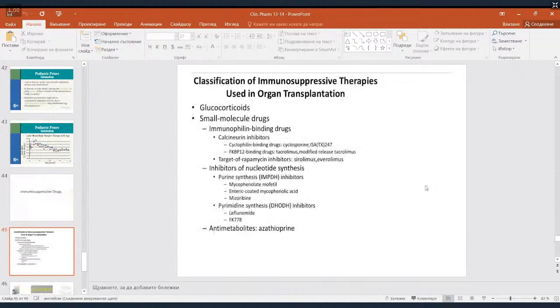So this is also a topic that is related to the pediatric pharmacotherapy and also to therapeutic drug monitoring, because most immunosuppressive drugs require therapeutic drug monitoring.